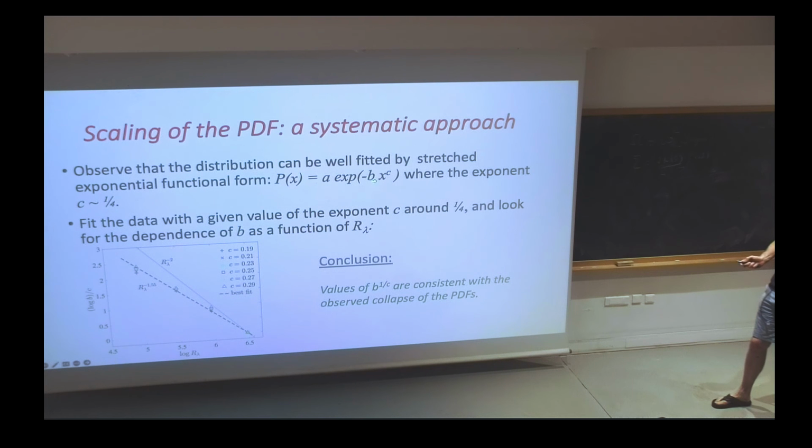If you take this b to the 1/c, which is here, and massage it a bit, you see some law here, which is consistent with what I was showing, roughly like a power law as a function of Reynolds. Okay.